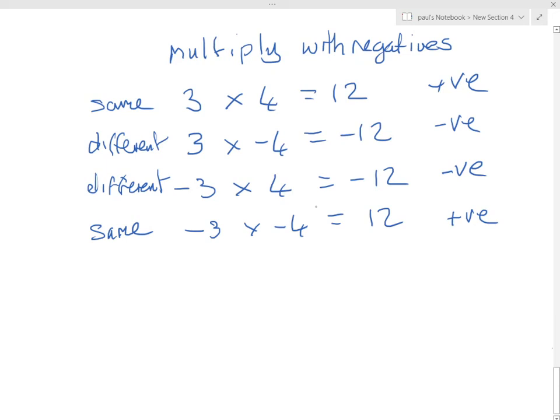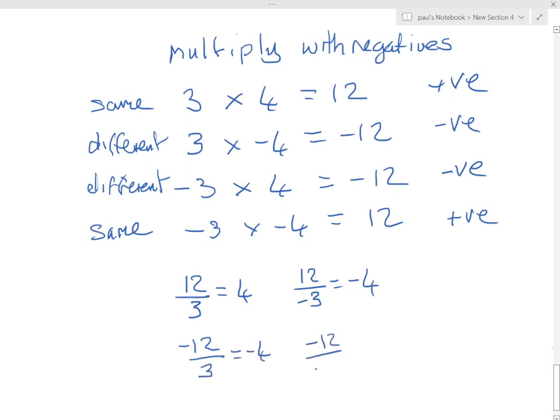It's exactly the same. So if you have 12 divided by 3, you end up with a positive because they're the same. If you have 12 divided by minus 3, you get minus 4. If you have minus 12 divided by 3, you get minus 4. And minus 12 divided by minus 3, you get positive 4. So when they're the same, you get a positive result. When they're different, you get a negative result.